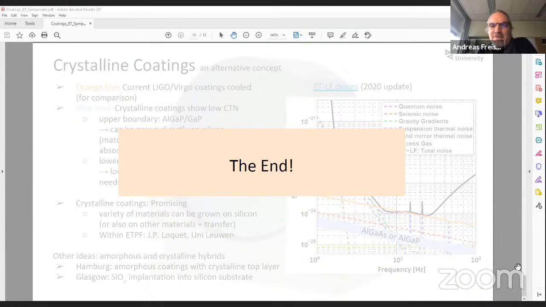But of course, to make use of that, we would have to improve all the other noise sources. So what's your take on the long-term development in the coating world? Even if we get the first installation of ET to reach the target, how do we go beyond that? What would be the best way forward?